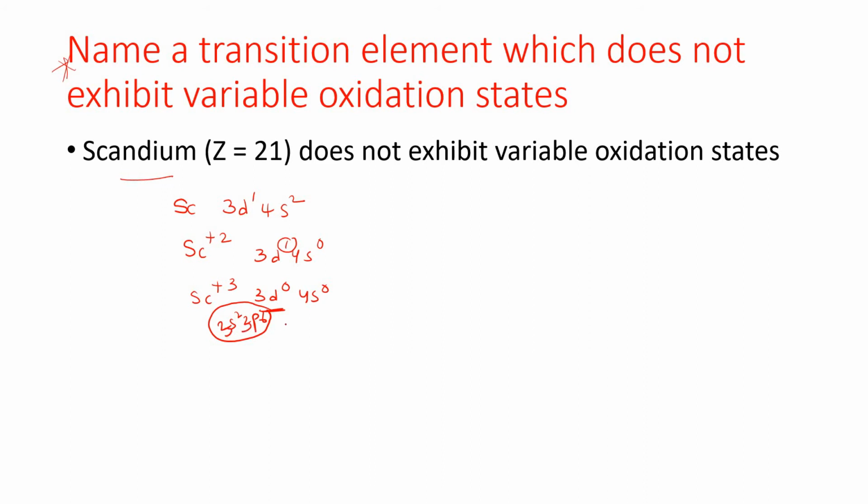This 3s2, 3p6 is octet configuration, so this is highly stable. Because of the stable configuration of scandium +3, that is 3s2 3p6 octet configuration, +2 is unstable. 3d having one electron in the orbital like this is highly unstable. So here also it will lose this electron and get 3s2, 3p6 configuration. That is the reason it does not show variable oxidation. +2 is not possible because it is highly unstable.